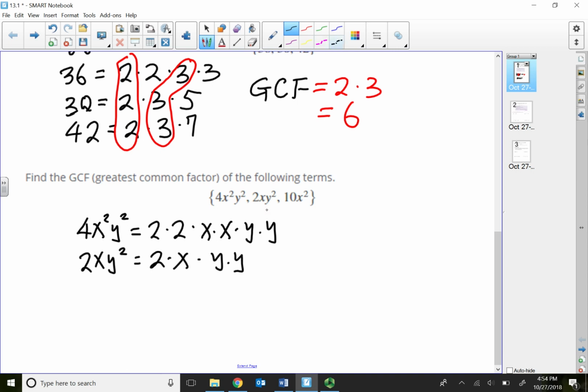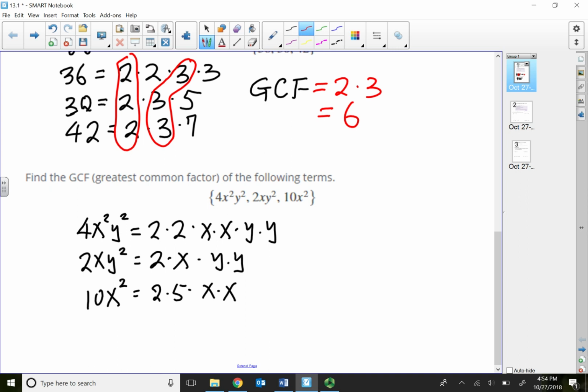So 2 times x times y times y is a breakdown of this term, 2xy squared. Then 10x squared. 10 is made out of the prime numbers 2 times 5. X squared is x times x. So the factors of 10x squared can be written as 2 times 5 times x times x.